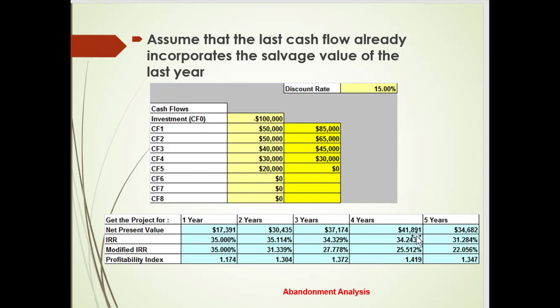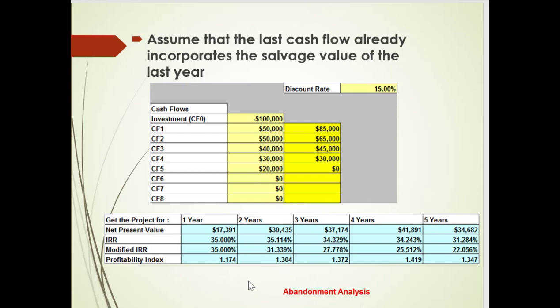So the optimal lifespan of this project is 4 years because it has the highest net present value for this project. Any time frame here is good. We'll make money regardless of how many years we do it. But if things start to look a little sketchy, 4 years is how long we should do this project.